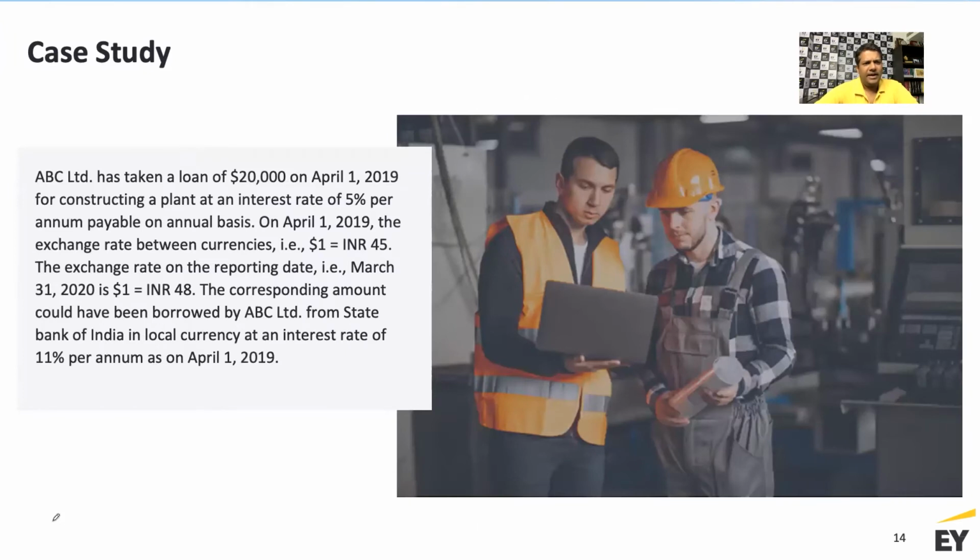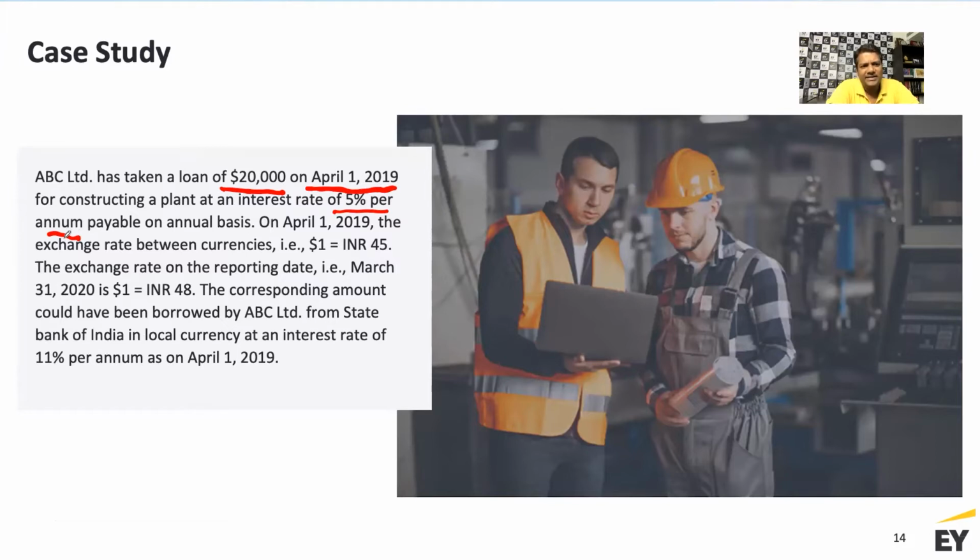ABC Limited has taken a loan of $20,000 on April 1, 2019 for constructing a plant at an interest rate of 5% per annum, payable on annual basis.